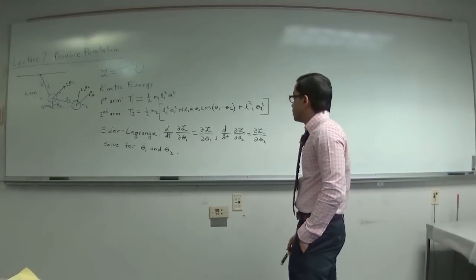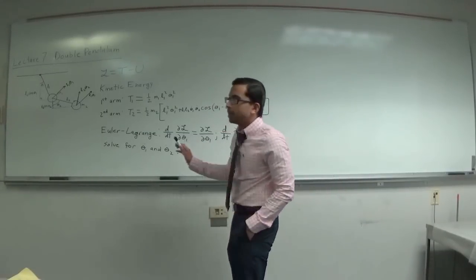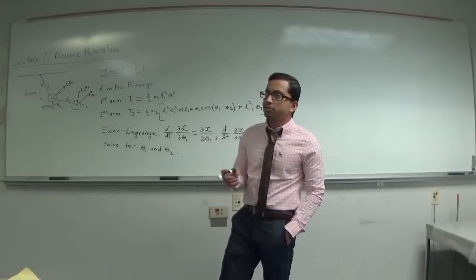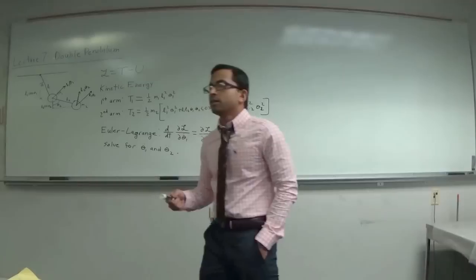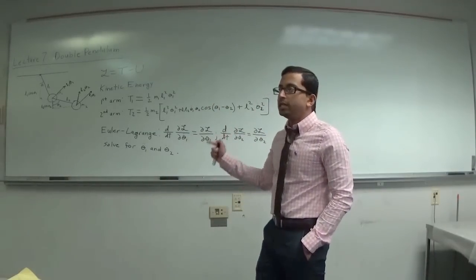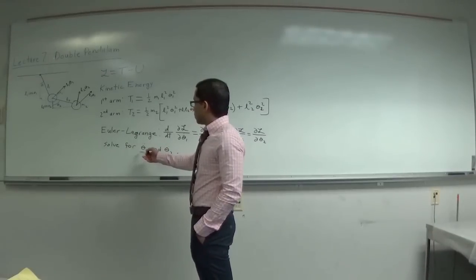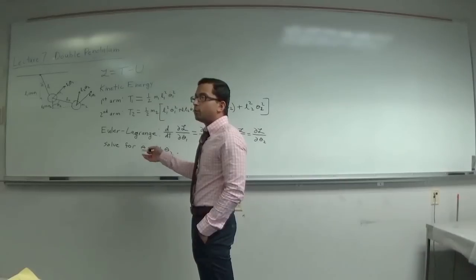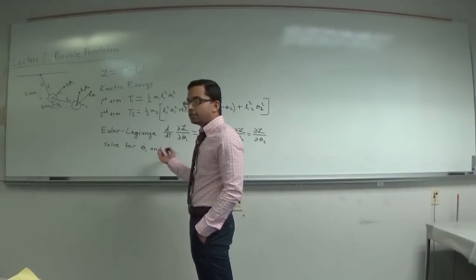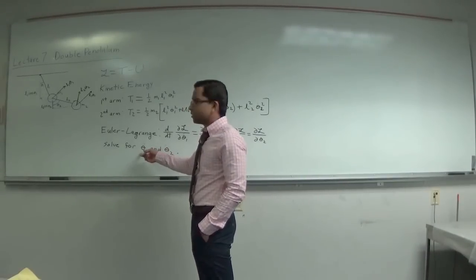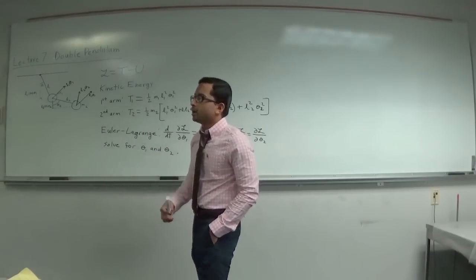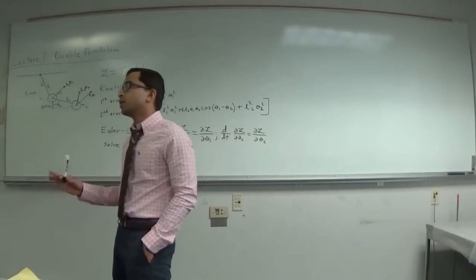What I want you to do for homework is take the code that I send you for the matrix of the ODE. We're just going to call theta 1 dot phi 1 and theta 2 dot phi 2, and it's going to give you four first order ODEs.